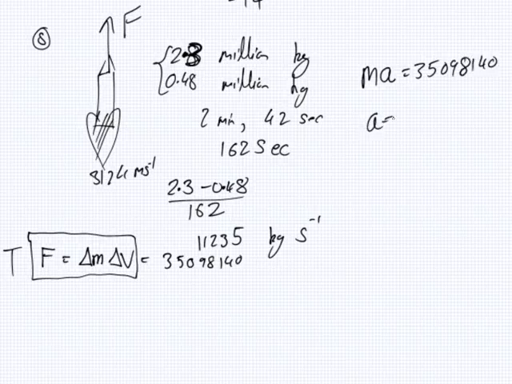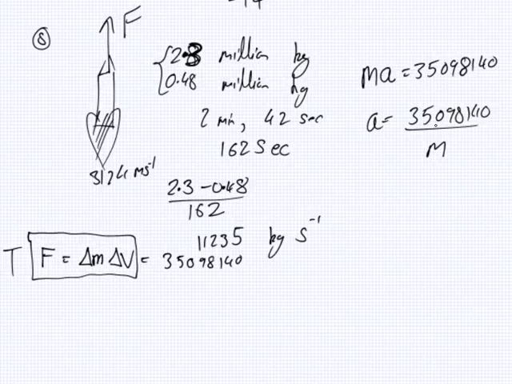The A is 35,098,140 divided by the M. But here's the slight problem. The M. What is the M? Divided by 2 average. Yeah, you need to average it because there's two masses, the start and the end. So, if I just do 2.3 plus 0.48 divided by 2? 1.35. Great, million.